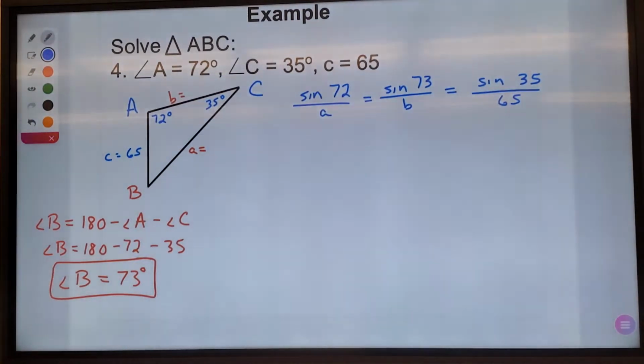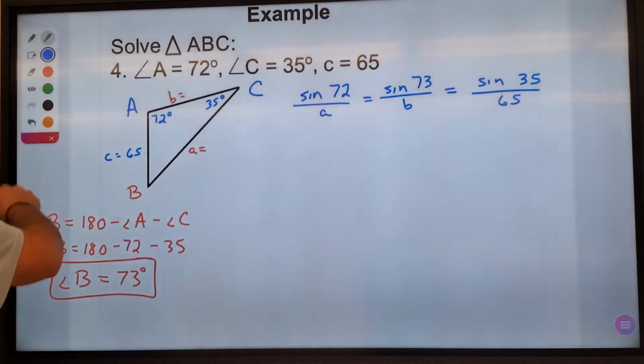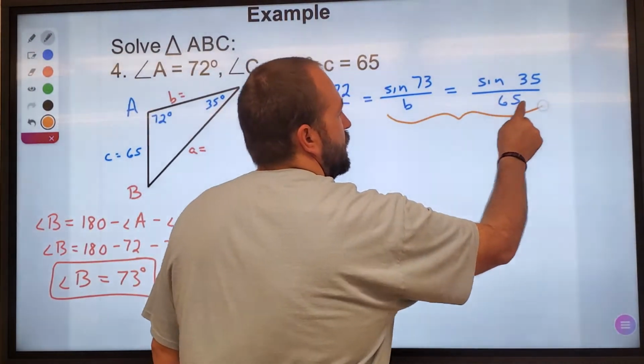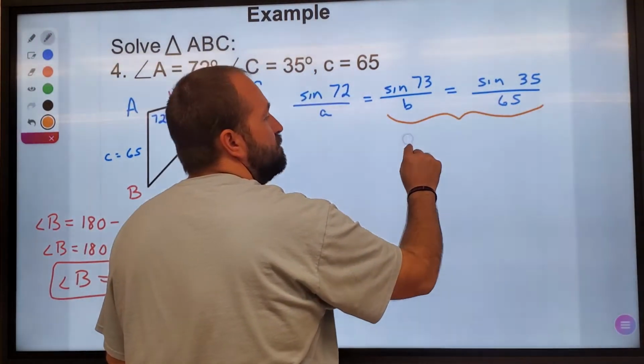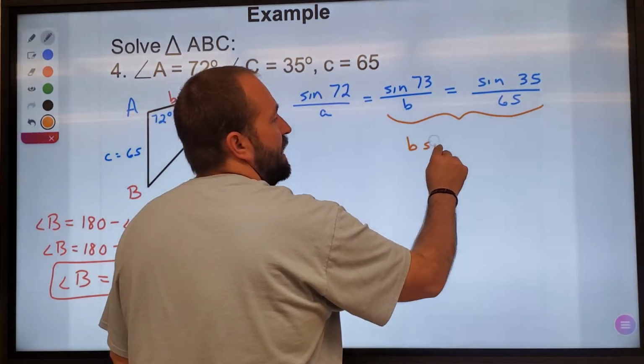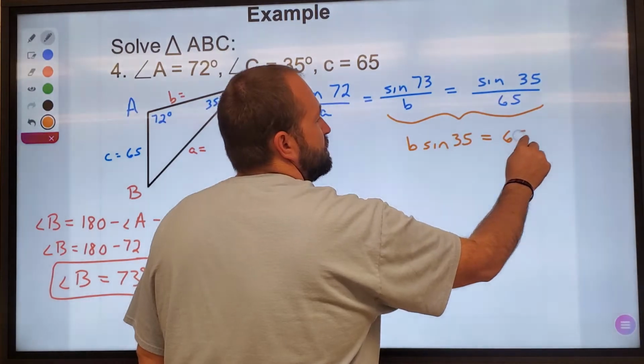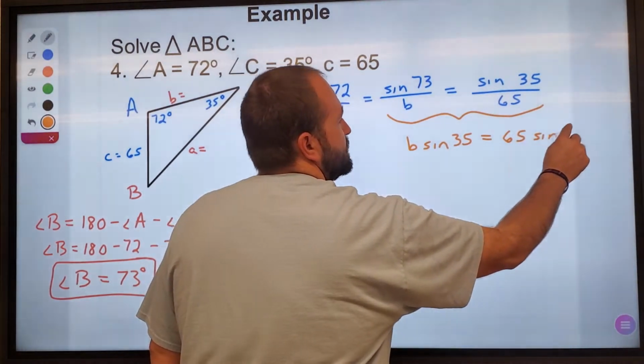Okay, here again we're going to pick 2 of these fractions to utilize and cross multiply. So again, I would use the last one here. It does have all of it filled out. Okay, so I'm going to start on this side this time and cross multiply. So I have B times sine of 35 is equal to 65 times sine of 73.